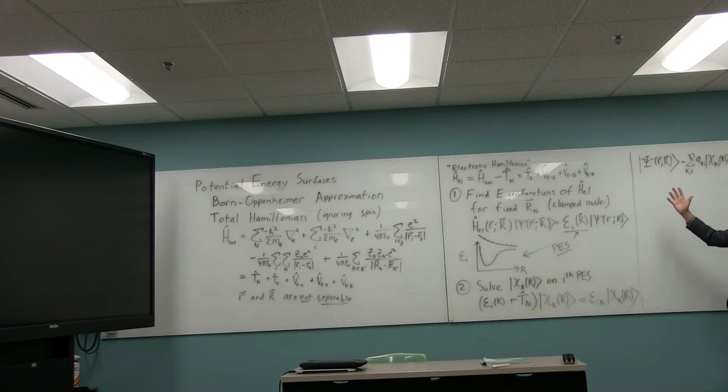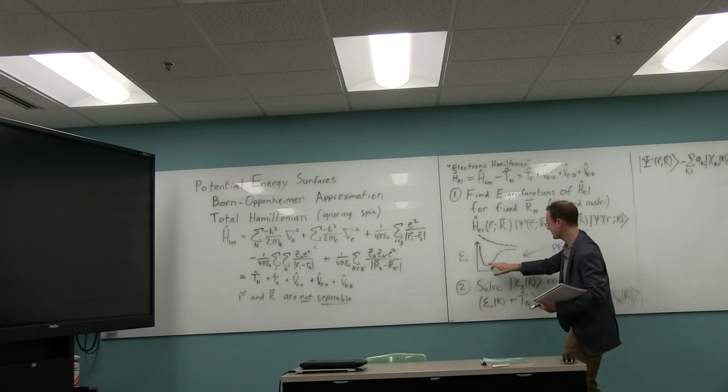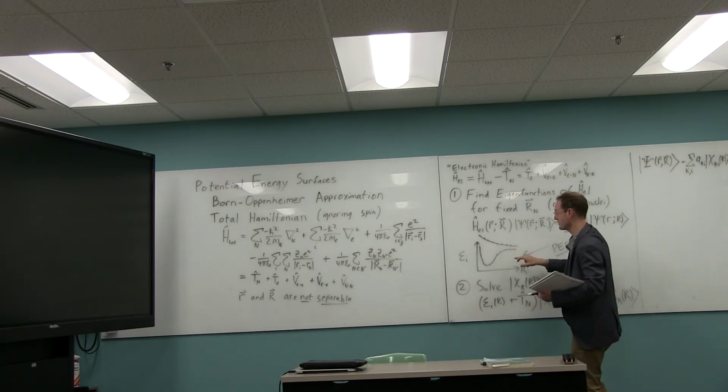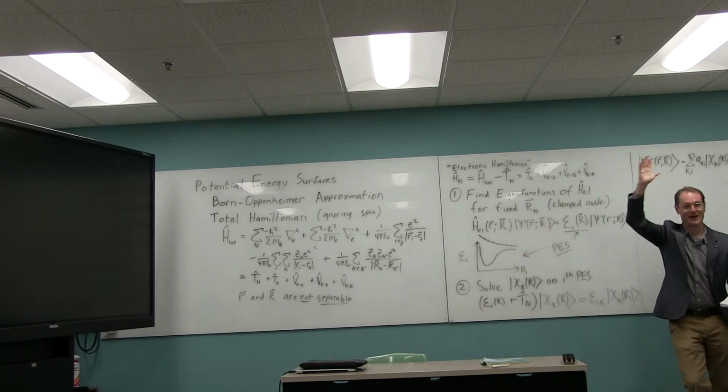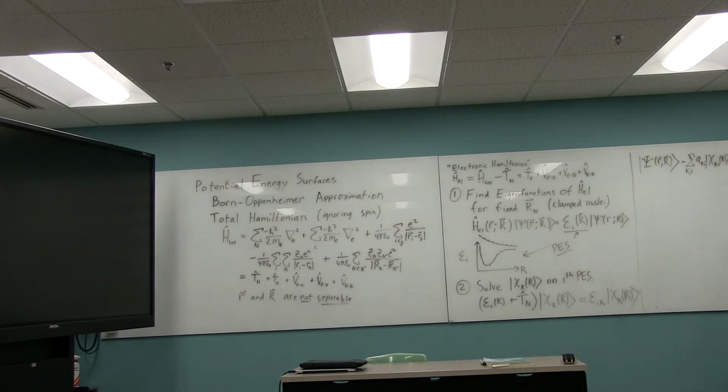And then your life gets complicated because you no longer can consider just dynamics on one potential energy surface. You have this complicated situation where the nuclear and electronic motions are coupled to each other and you can't separate them. Okay?